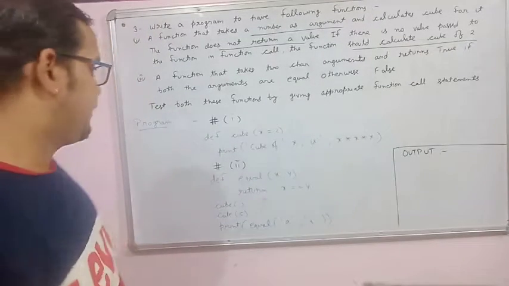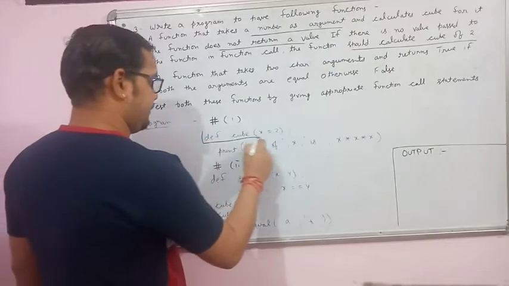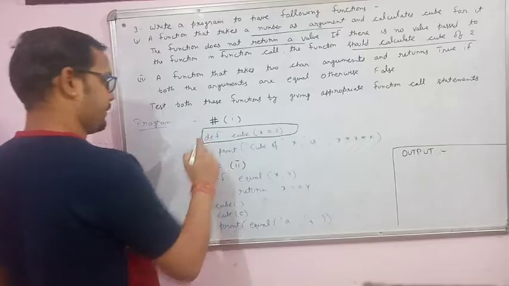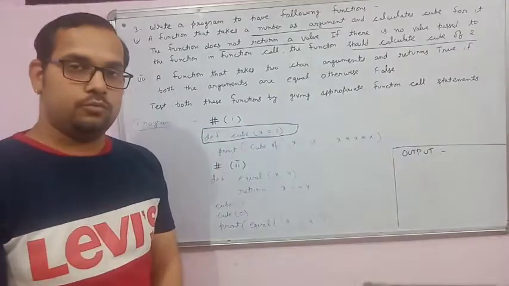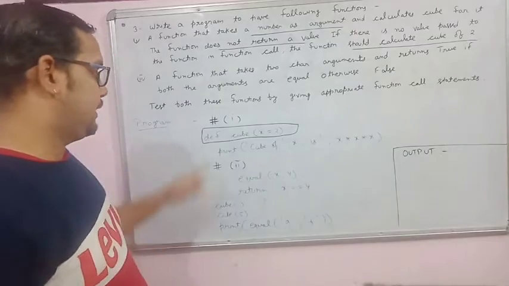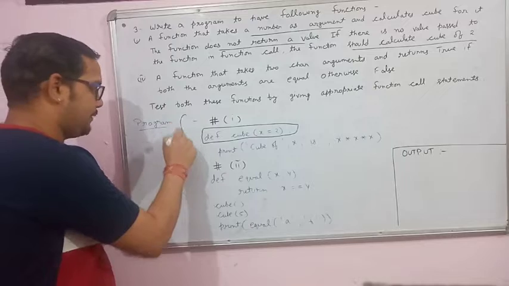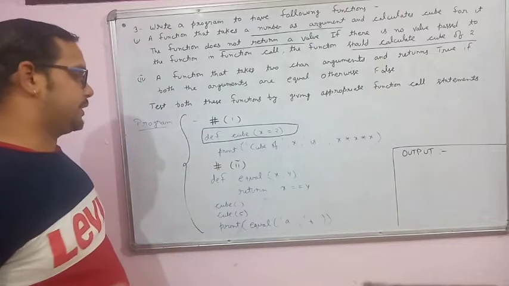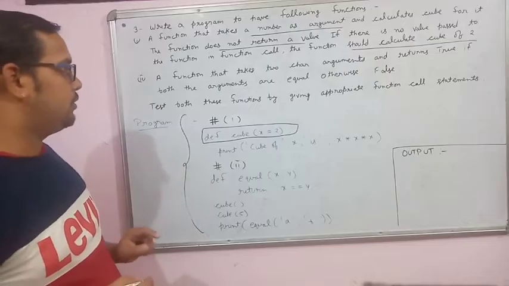See this function definition, def cube x equals to 2. Here I have written first because in this solution I have written both the functions, function 1 and function 2.